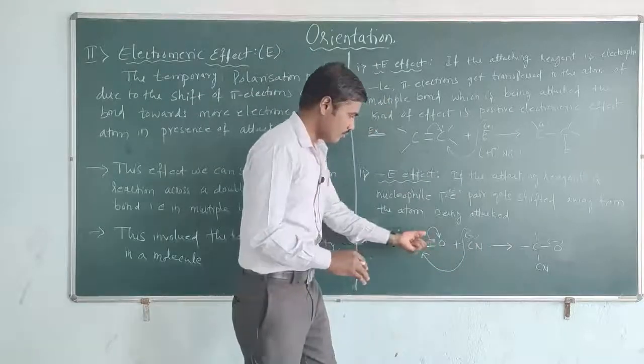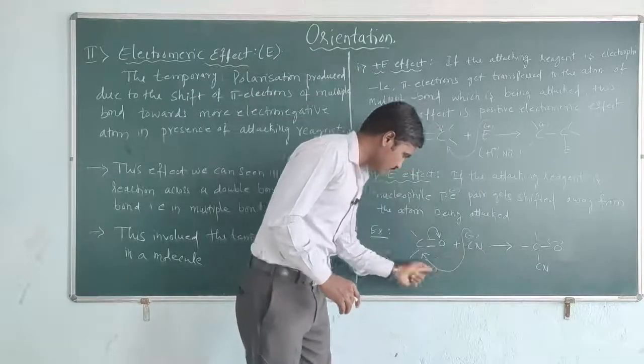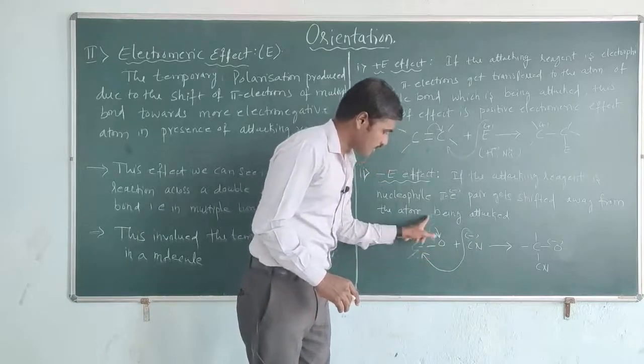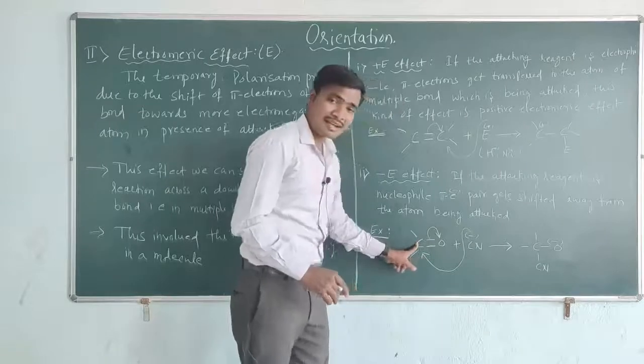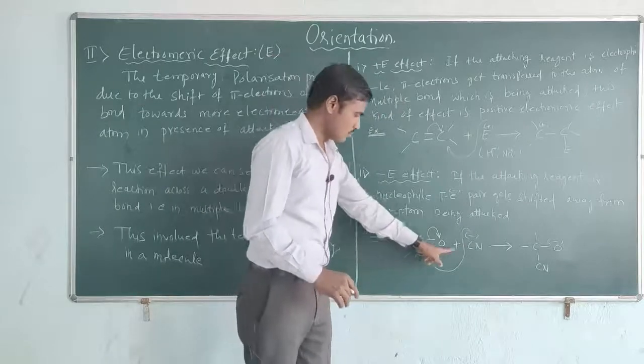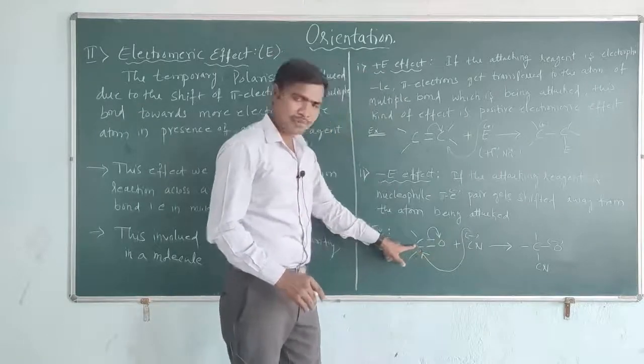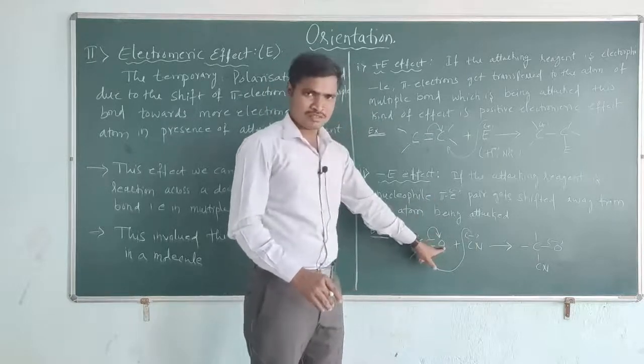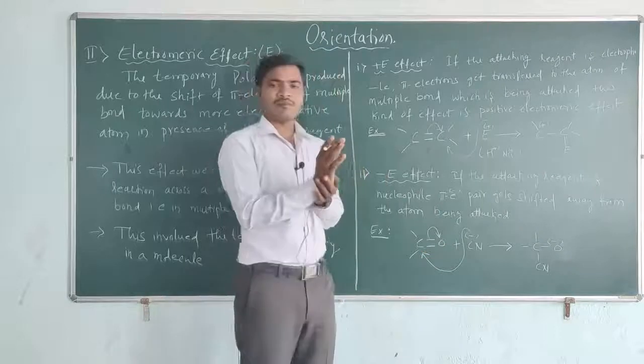You can see here, whenever this cyanide ion attacks this carbon atom, the pi bonded electrons shift away from the attacked atom, onto the oxygen. So this is the electromagnetic effect.